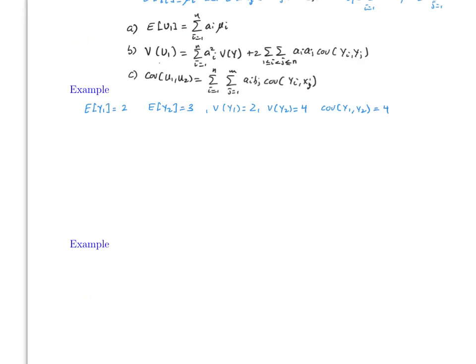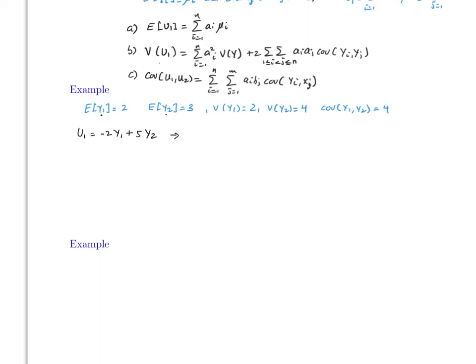All right, let's try an example with two variables. Let's say you have two variables y1 and y2, where the mean for y1 is 2 and the mean for the second one is 3. This is the variance for the first one, the variance for the second one, and the covariance for the two variables is equal to this. Let's define U1 to be minus 2 y1 plus 5 y2.